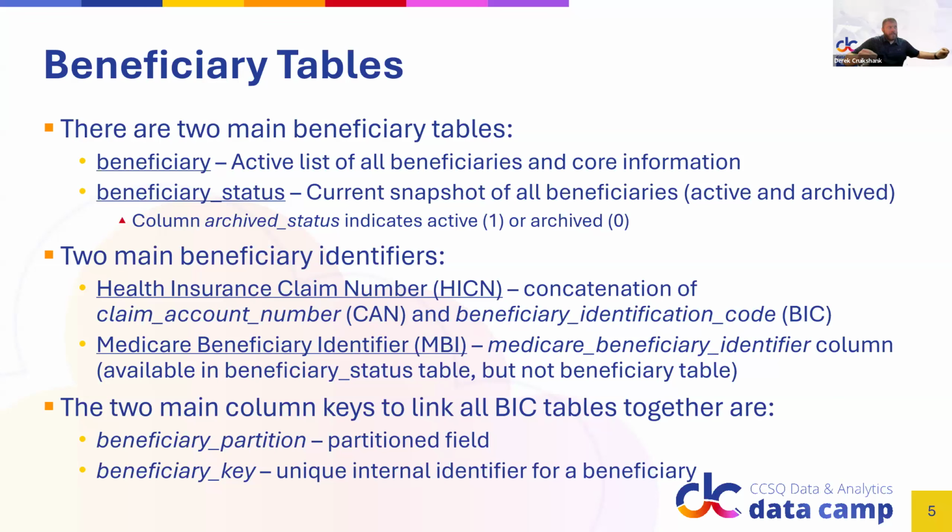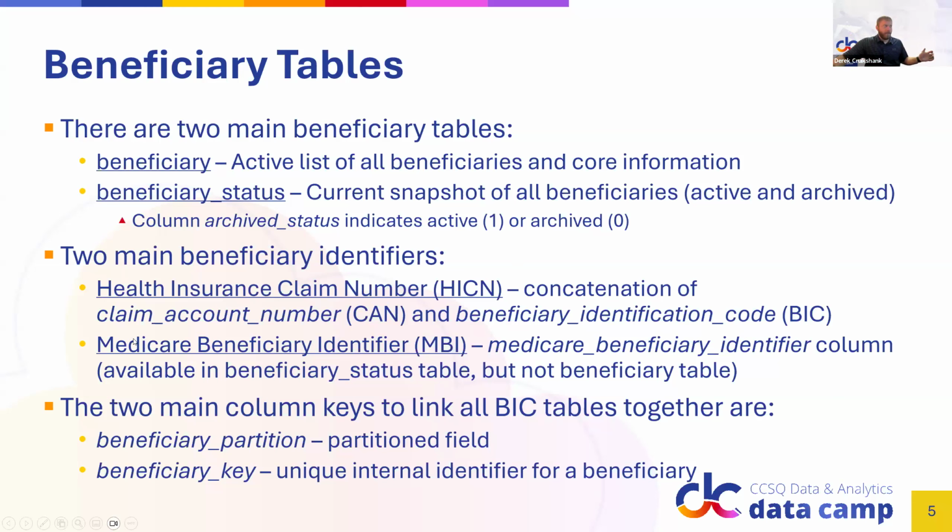There are differences in the information made available between the two tables. As for why, I'm not 100% certain. But you'll notice in beneficiary status, that's where you would want to get the MBI, whereas beneficiary only has a couple of columns that you can concatenate to get you the HIC value.